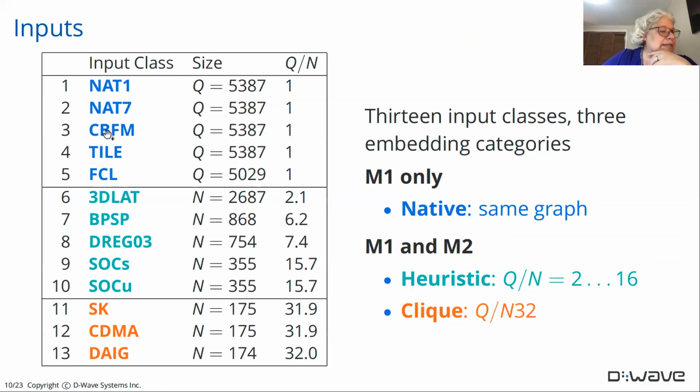Corrupted biased ferromagnets are from a paper out of Los Alamos. Carleton Coffrin is one of the authors. A ferromagnet means that the edges are ferromagnetic. A biased ferromagnet means that not all of them are. They're sprinkled with a small percentage of positive, anti-ferromagnetic edges, and corrupted means that some of the nodes have small random biases.